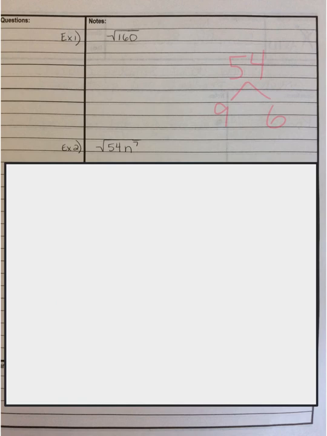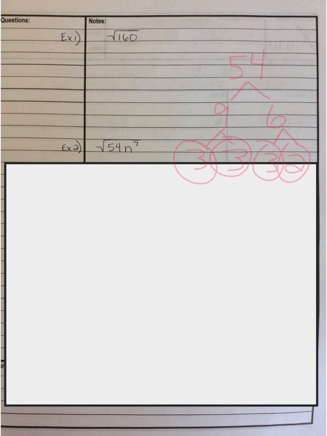We know it's going to be 9 and 6, 3 and 3, 3 and 2. Those are all our prime numbers. 9 times 6 is 54, making my prime factorization tree. And remember, if you take everything that you circled, 3 times 3 times 3 times 2 will get you 54.